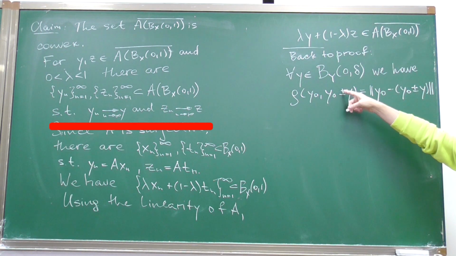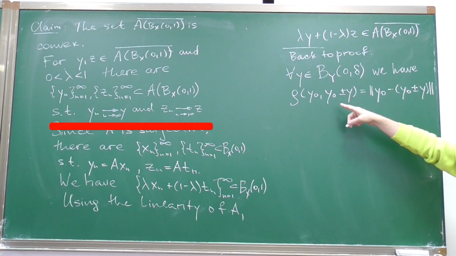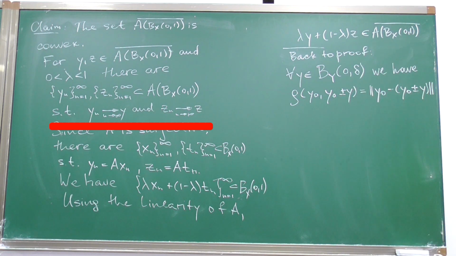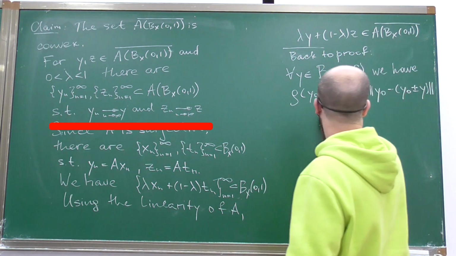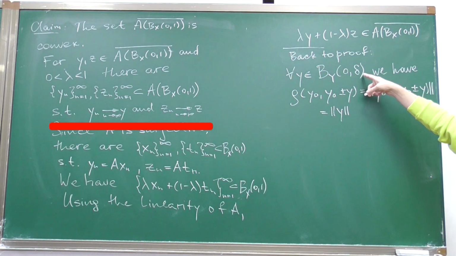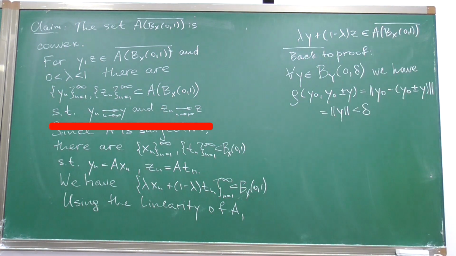By writing plus minus over here, in one go I consider two elements, y0 plus y and y0 minus y. For any of these two elements, in the norm, we have just the norm of y. But y belongs to this ball, so the norm of y is less than delta.